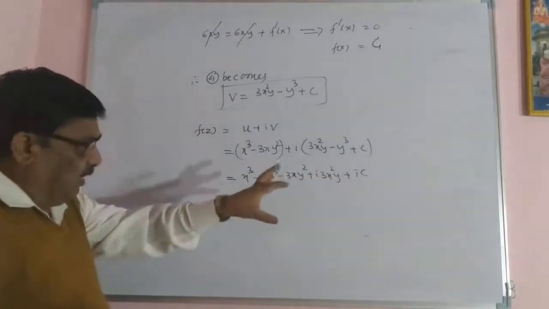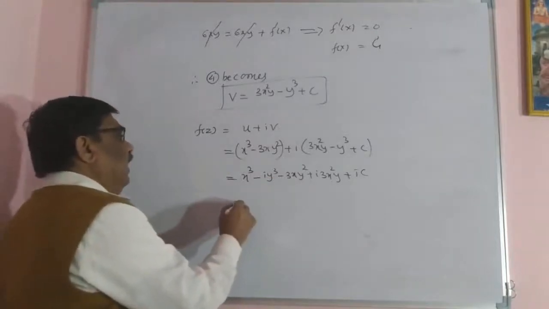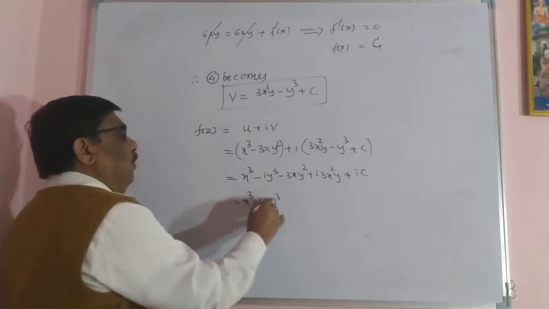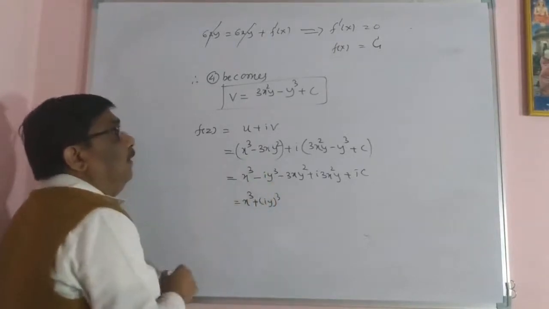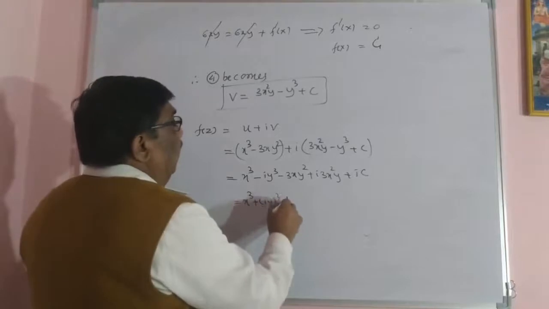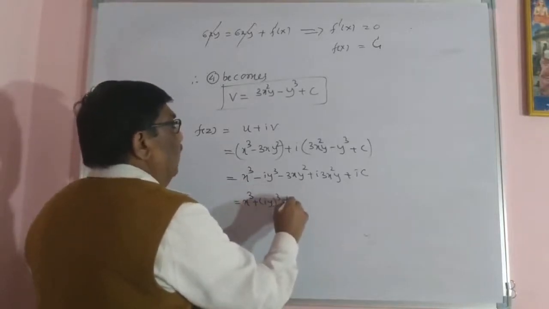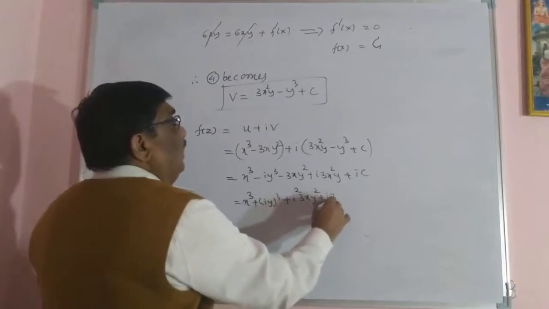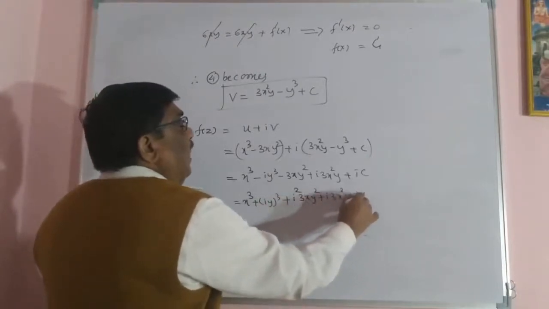Let me write it in the standard form. This I can write as x³ plus iy³, since i³ is minus i. And here the minus sign can be written as i², 3xy², plus i3x²y plus ic.